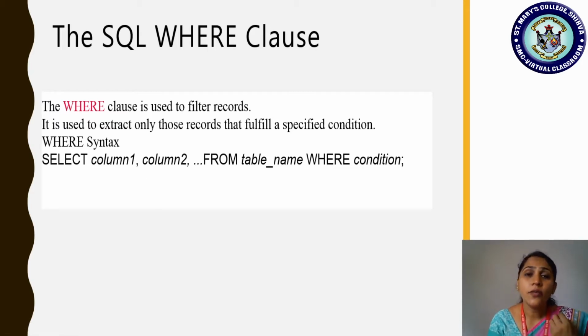If I want to view only a particular column's information, then I put column 1 comma column 2. So select column 1, column 2 from table name. You should specify from which table you want to extract the information. From is a keyword, and then the table name. Shall we take customers? Yes. So from customers where condition.